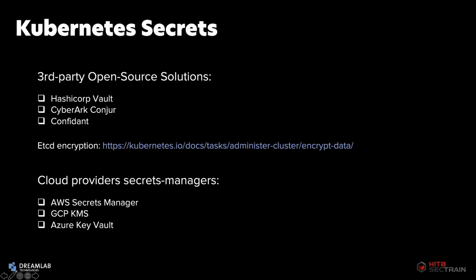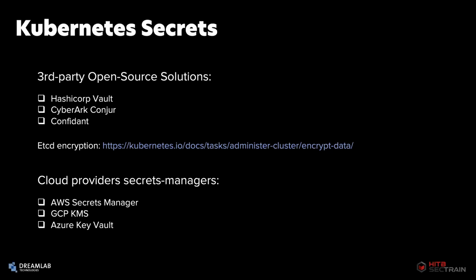And on the other hand, of course, if we are using a cloud provider, we can use the secret managers of the cloud providers. Each cloud provider has its own: AWS, GCP, Azure. We can use these managers to create secrets, and then there are different ways to use those secrets inside the pods that need to consume them.